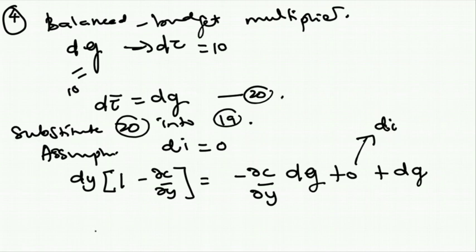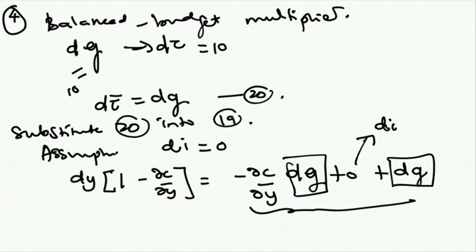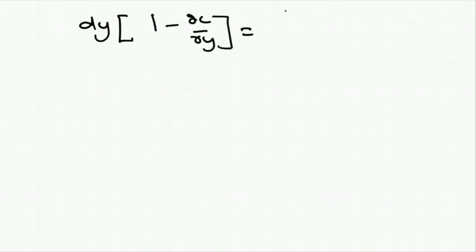And if you rearrange it mathematically, this is very simple maths. Okay, but before you rearrange, you can see here, you can factorize because the common factor is dg. So when you factorize, one minus delta c over delta y, dg, isn't it?